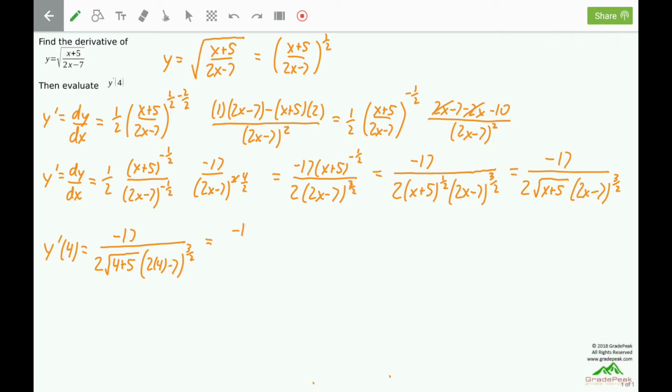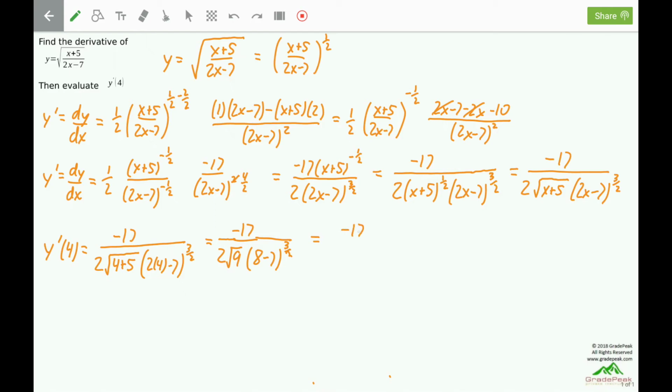That'll give us a negative 17 over 2 times the square root of 4 plus 5, which is a 9, and then 2 times 4 is 8 minus 7, to the 3/2 power.